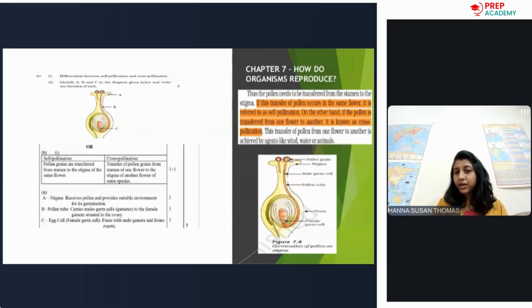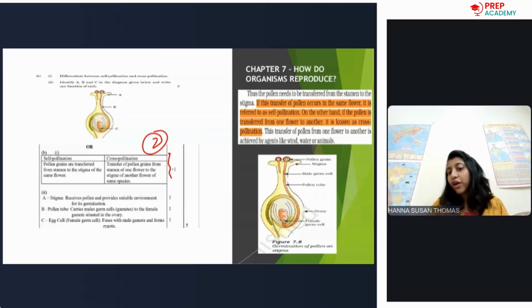Then comes the or part. It's also coming under the chapter how do organisms reproduce. The first part in the B part is: differentiate between self-pollination and cross-pollination. Give 2 differences, you will be getting 2 marks. If the transfer of pollen occurs in the same flower, it's self-pollination.